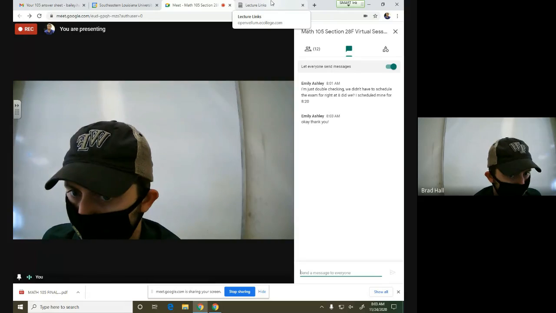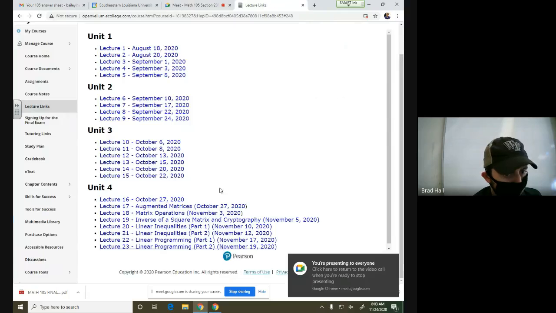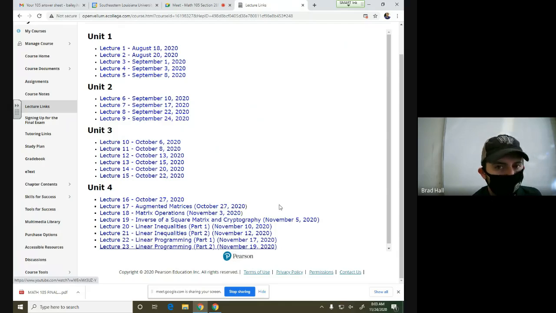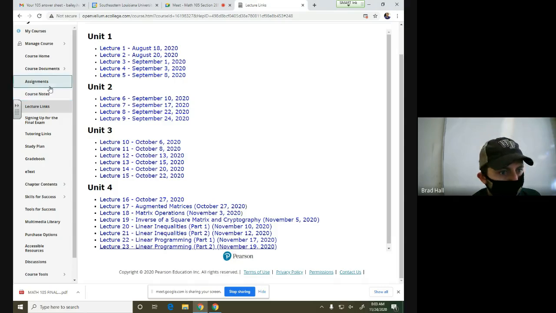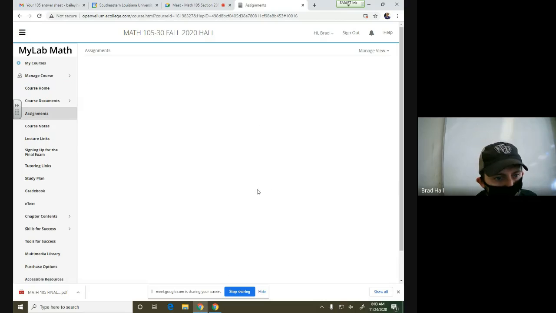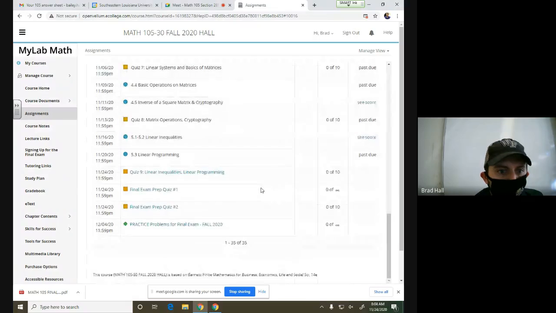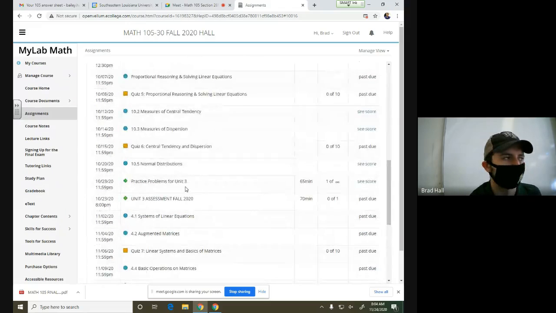And besides that, 2/3 of the material is on everything from systems of equations and onwards, and then 1/3 of the material is from the stuff we talked about in Unit 3, which was pretty much the statistics stuff.